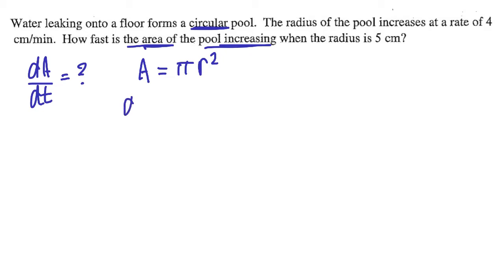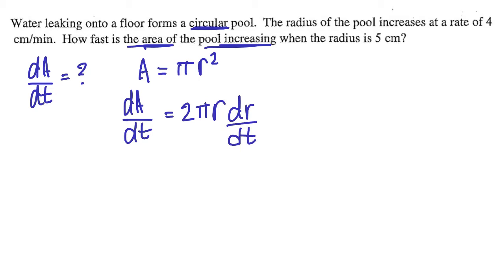And the derivative of A is 1. So we would have 1 dA over dt equals 2 pi r dr over dt. So here's this dA over dt that we're looking for sitting right there. So that's good news. We now have a formula to help us find what we're looking for. So I would go back up to the problem, and let's see what else we can find that we can use.